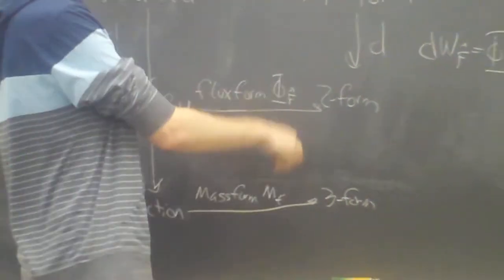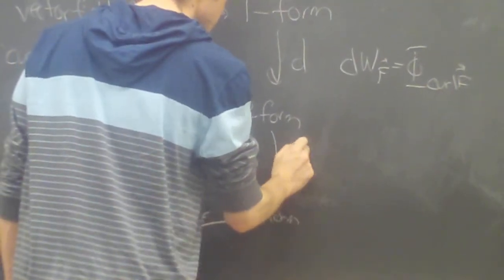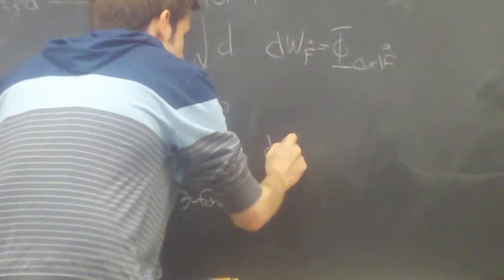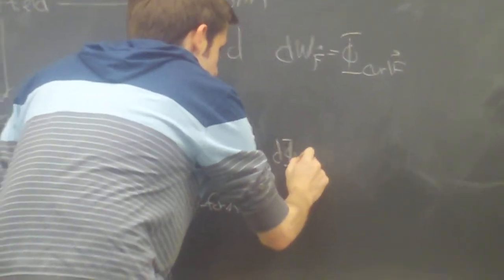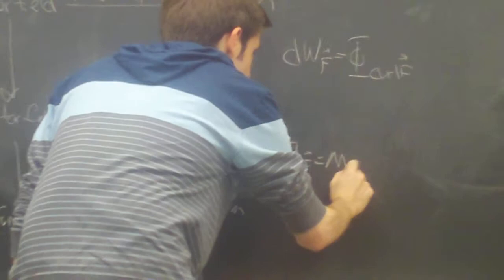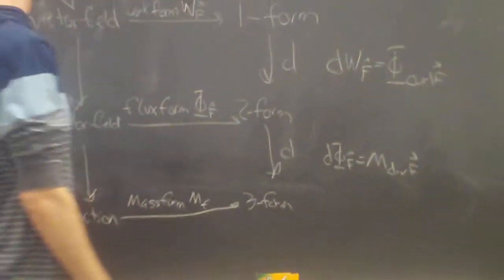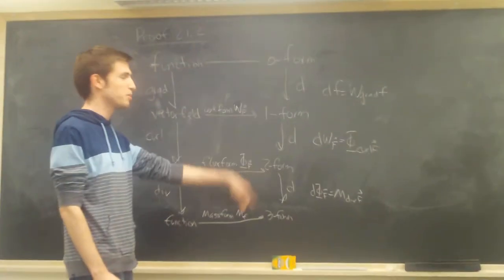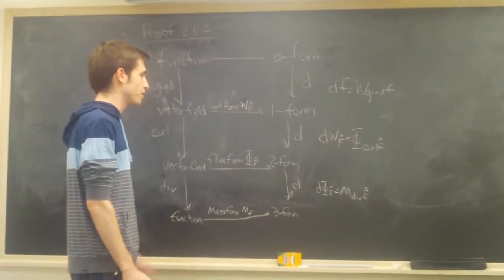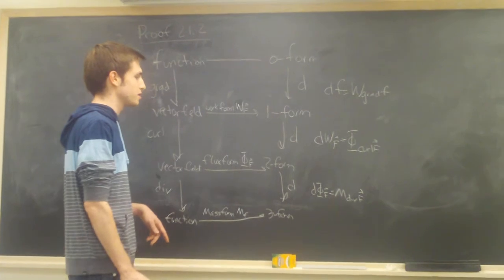And to go from a two form to a three form is also by the operator d. So d of the flux form of f is equal to the mass form of the divergence of f. So these are the three things I'm going to be proving. I'm going to erase it now because it takes up too much space.